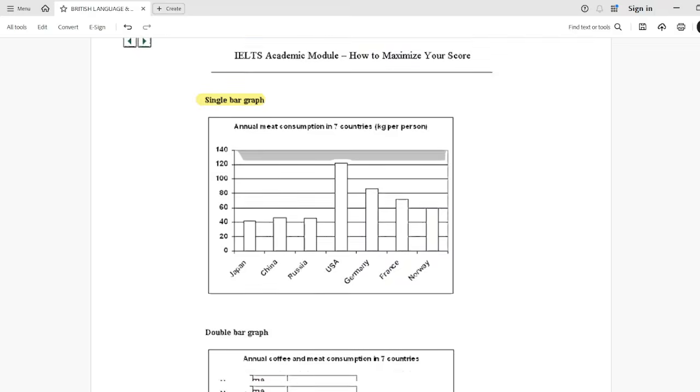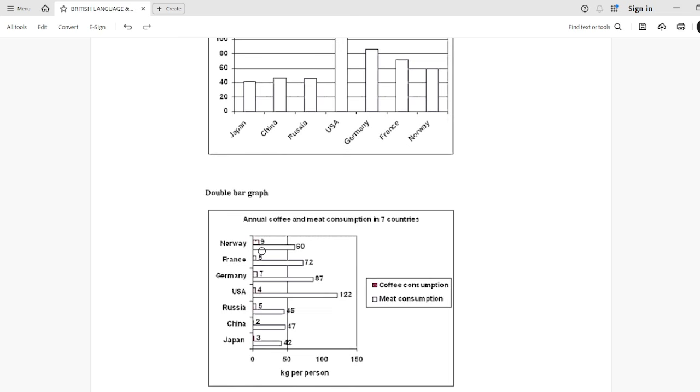Next one, we have the double bar graph. In a single bar graph you can clearly see you have one bar, but in a double bar graph you have two bars. Here one is coffee consumption and the other is meat consumption. Okay, and the topic of that graph is about annual coffee and meat consumption in 7 countries, kg per person.